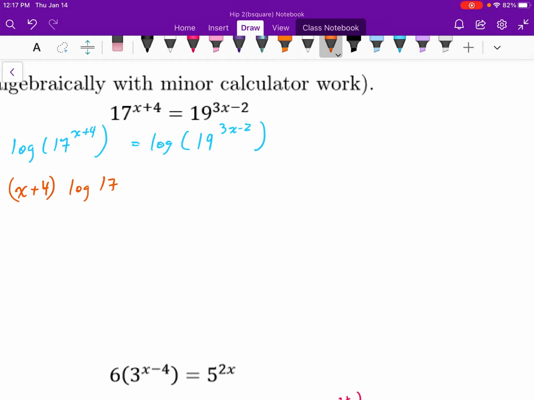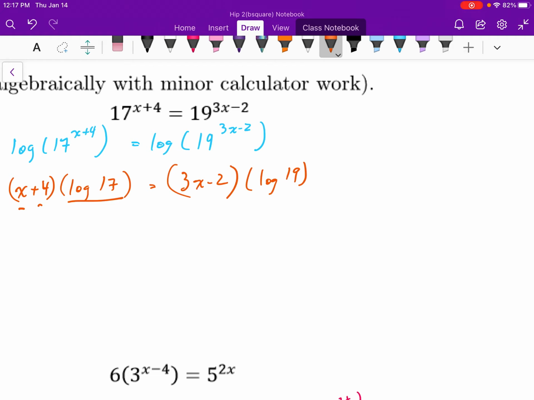So really, this is (x+4) times the log of 17. I'm just going to put those in brackets to ensure this is one quantity, whereas this is a binomial, is equal to (3x-2), so this is a binomial again, times the log of 19.